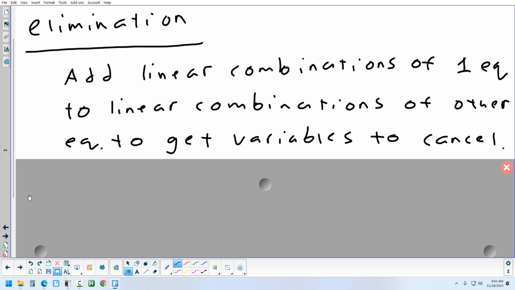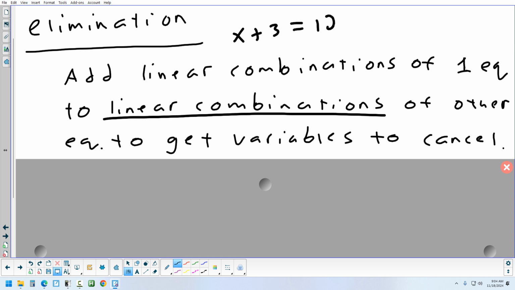The way that we can get a letter to cancel out is by using what are called linear combinations. All that a linear combination is, is a multiple of an equation. So like if you have this, let's add a y in there because we're doing 2 variables.